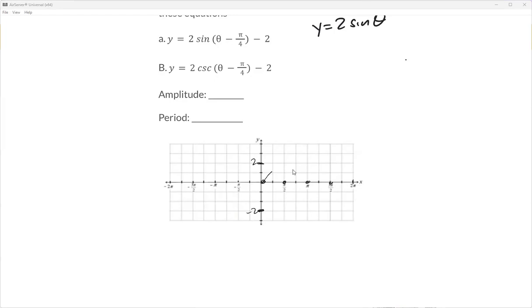So here's the max, here's a 0, here is a min, and then here is back to a 0. Okay, so pi over 2, negative pi over 2, pi, negative pi, 3 pi over 2, and this part right here.